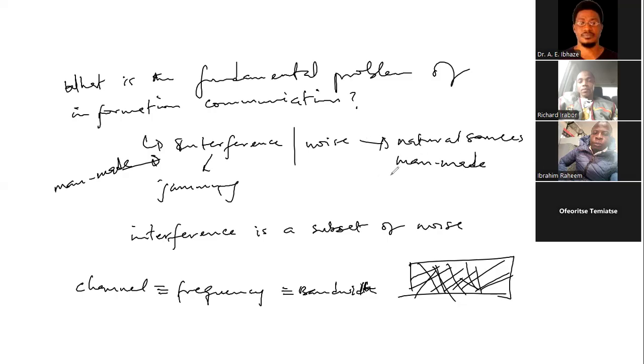So when it is man-made, then we say, well, that is interference. So noise is more like a broader representation of what is happening, while interference is just one subset of those concepts or happenings that could cause noise. Is that clear?